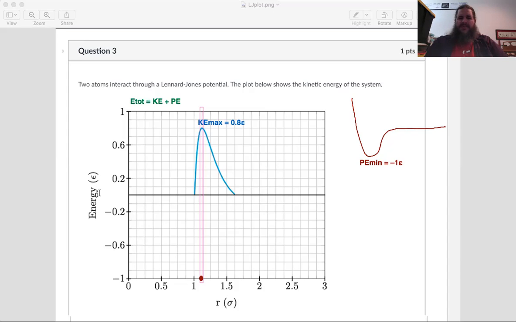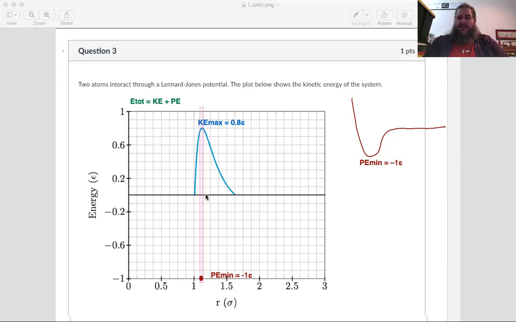When we talk about epsilon in these cases, we usually mean a standardized meaning of the variable. Epsilon typically means the well depth, that is the energy associated with one pair bond. So I would assume that minimum potential energy is -1 epsilon by definition of epsilon, assuming we're using the standard meaning of that symbol.